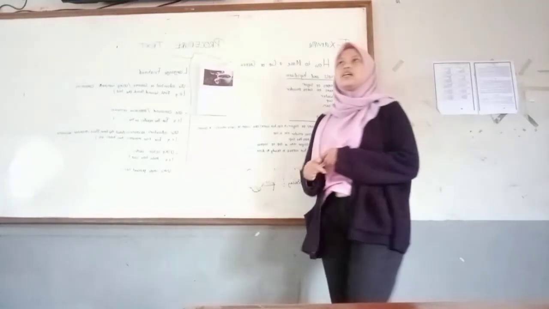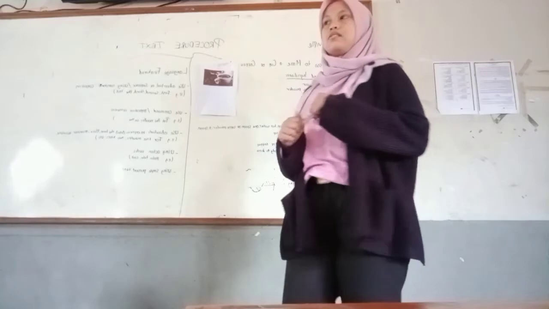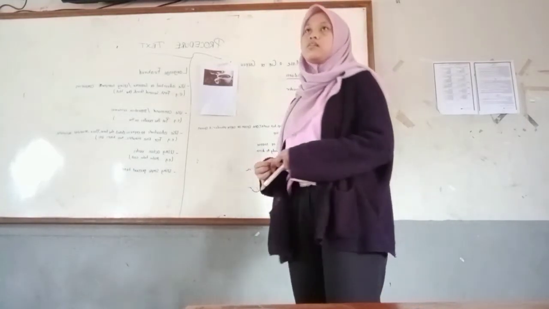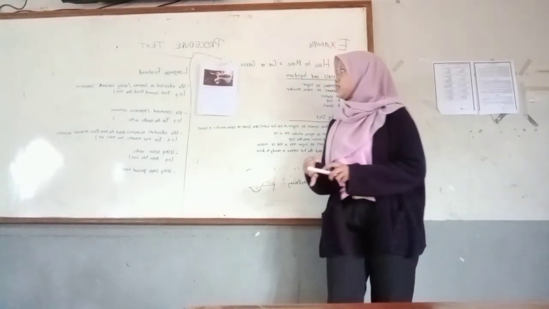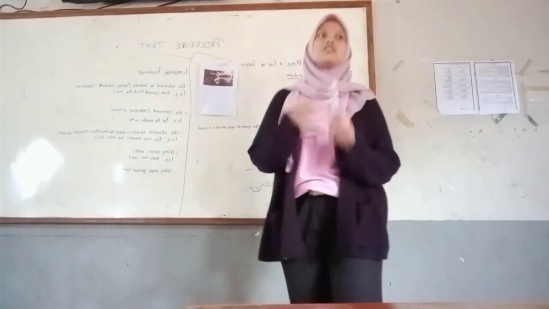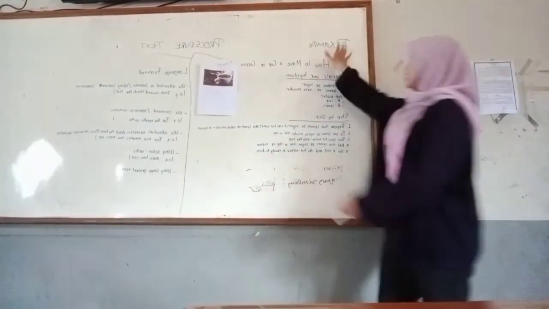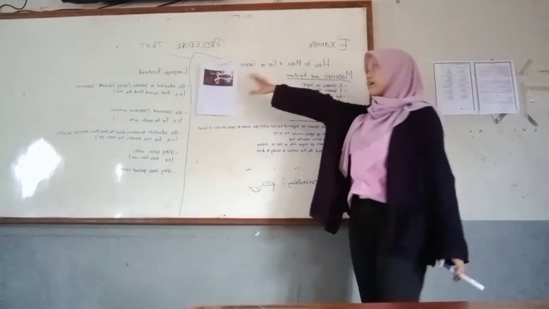Okay, class, after I have given you the explanation about the description, the language features, the generic structure, and the purpose of the procedure text, the last is an example of procedure text.